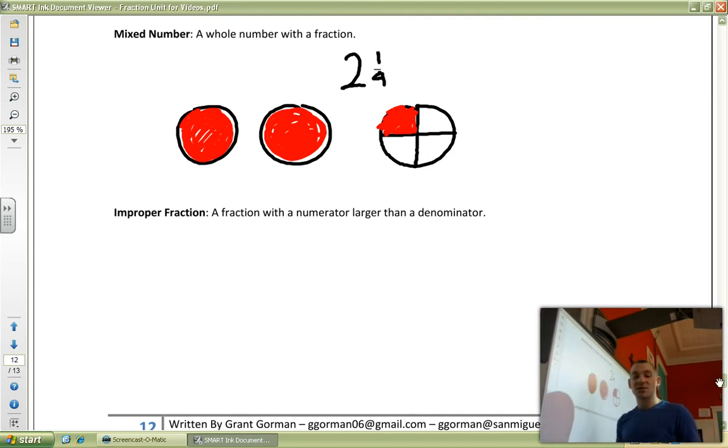Now, an improper fraction is going to be the same sort of thing, but it's going to list it a little bit differently. Instead of counting these 2 wholes that we had before right here in the whole number category, it's going to take them, move them into their little parts, and then count them in the numerator. Okay, so it'll have a larger numerator than a denominator.